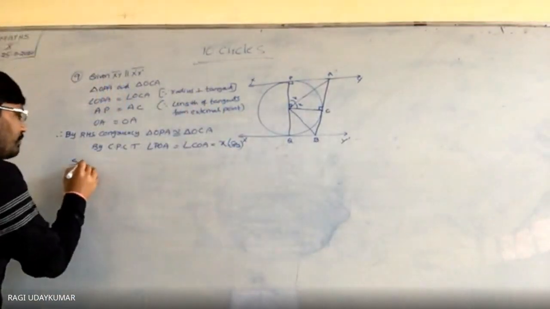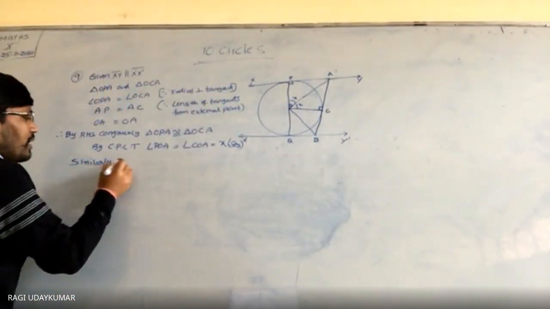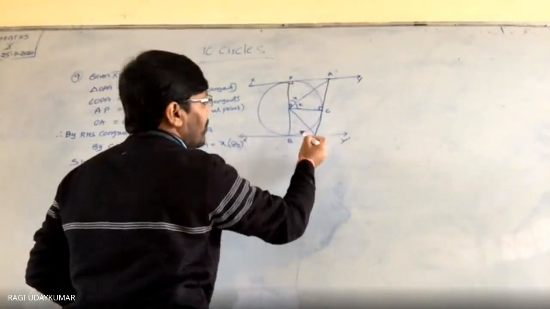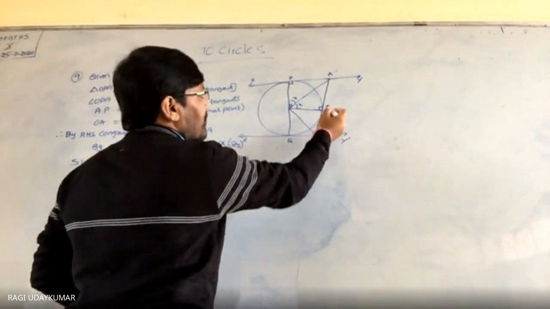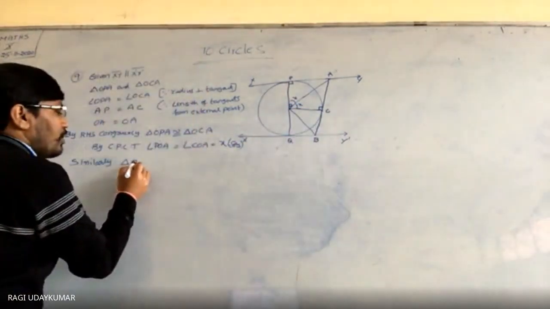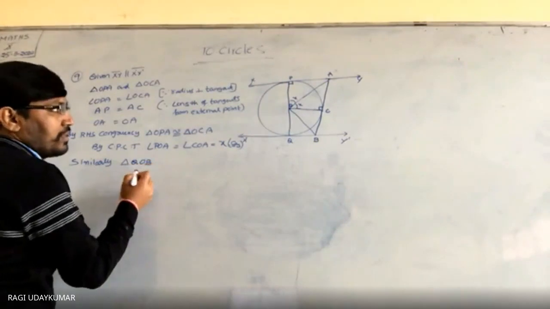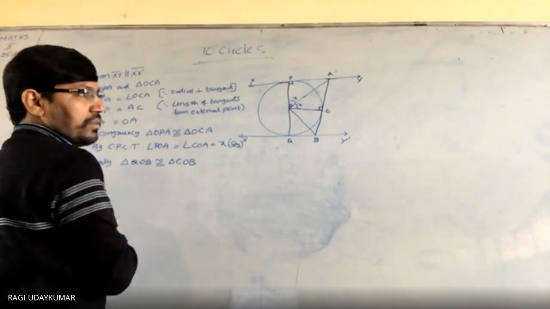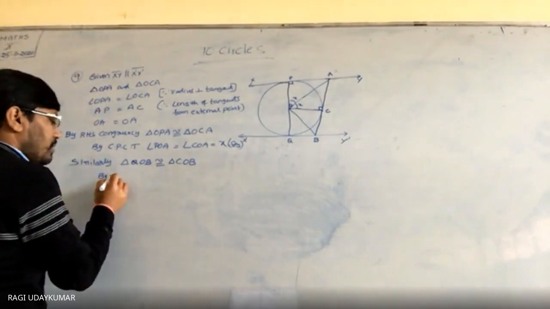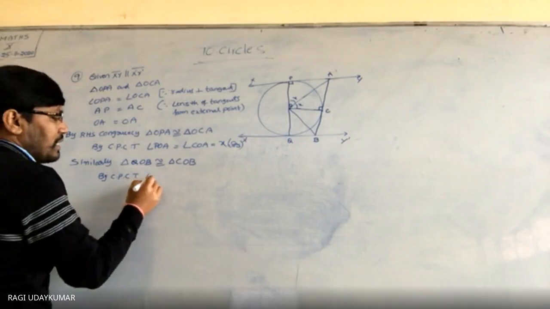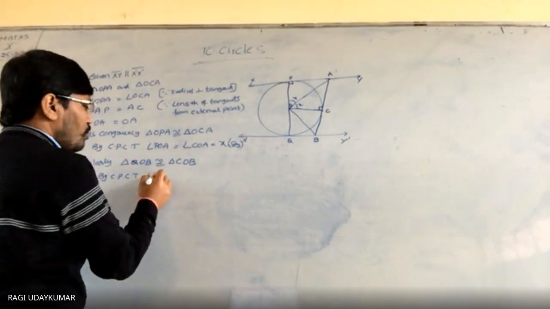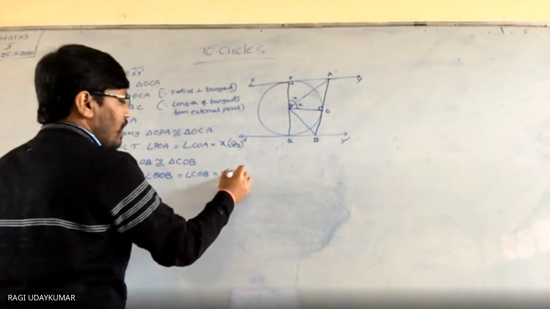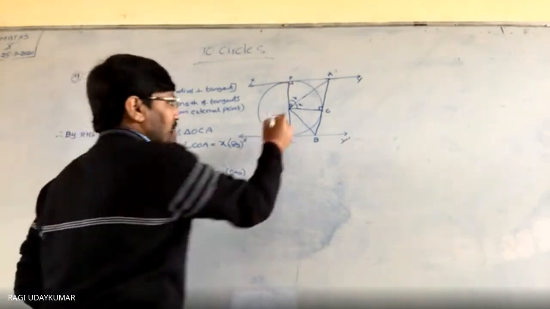So similarly, you can prove that in the same way, these two triangles, POA prove कर दिए, QOB and COB, triangle QOB is congruent to triangle COB. So by CPCT, same, you can say that angle QOB is equal to angle COB. Let us consider these two angles are equal to Y.